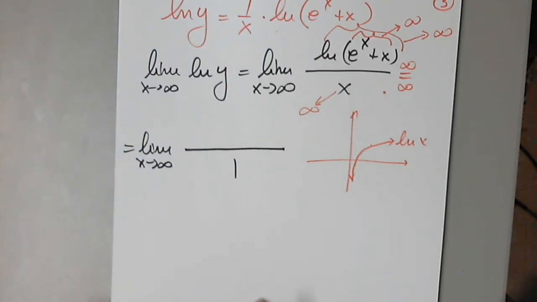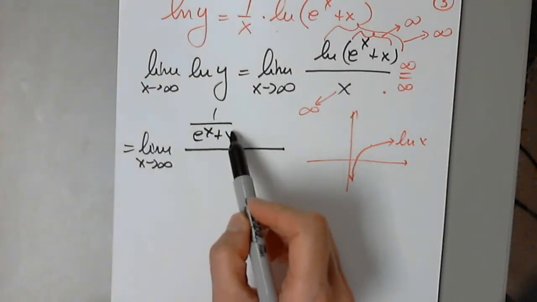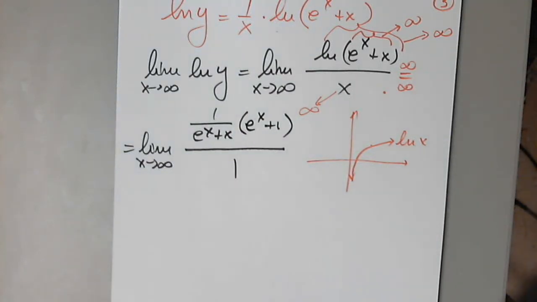We differentiate the numerator and we get 1 over e to the x plus x times e to the x plus 1. Excellent. Do we agree with this step? So when we differentiate natural log, we have 1 over the argument times the inner function prime, which is e to the x plus 1. Thank you, Jim. Is this okay, everyone?